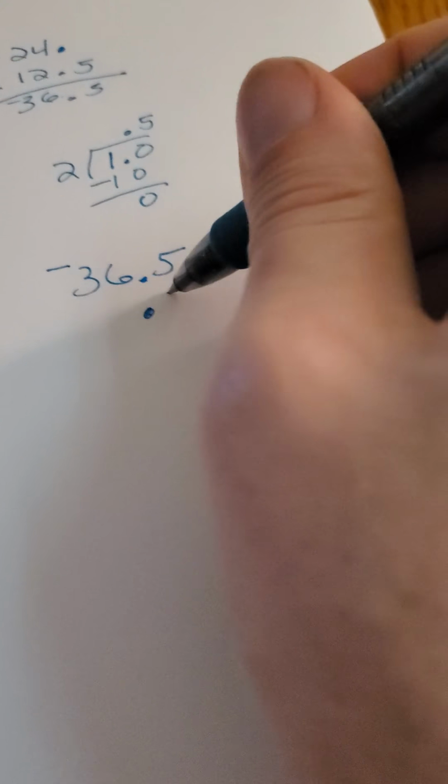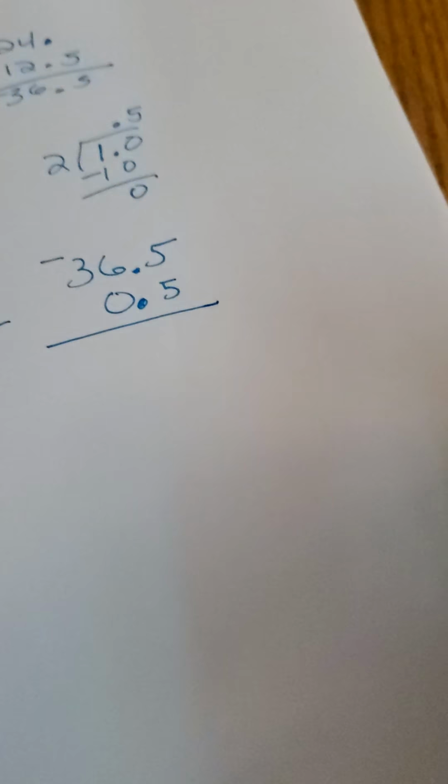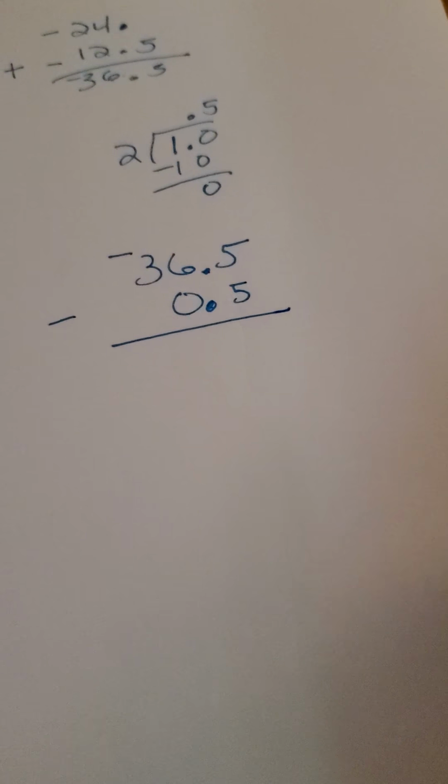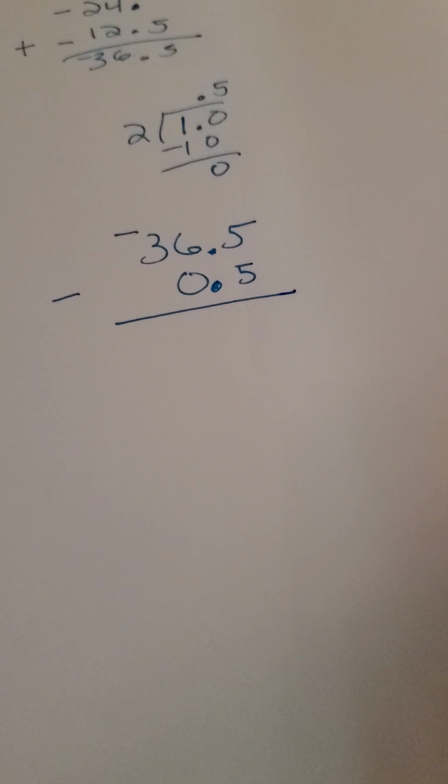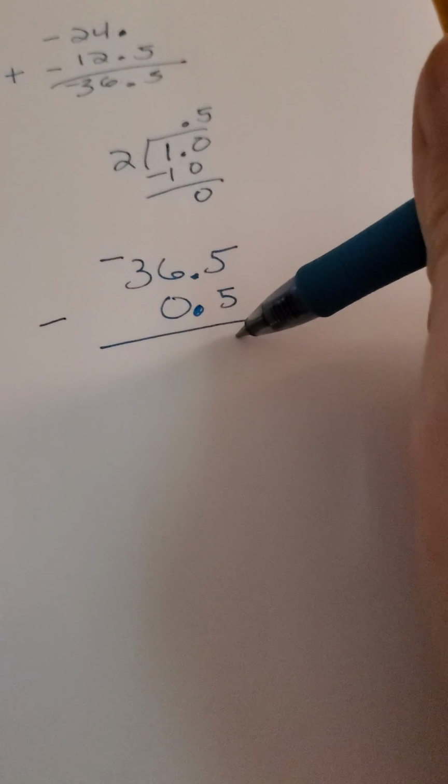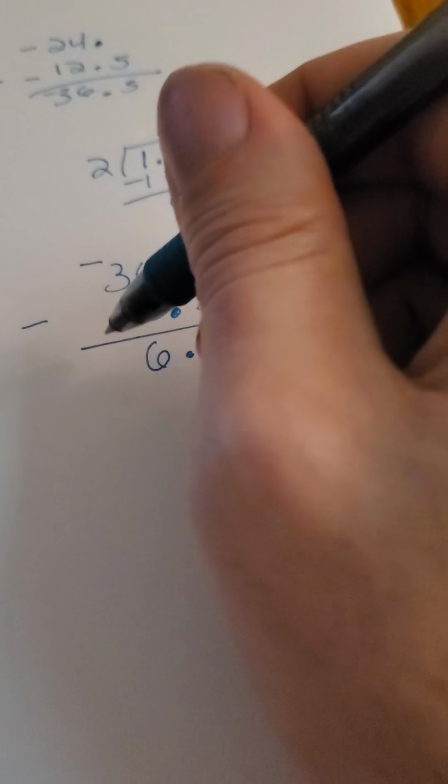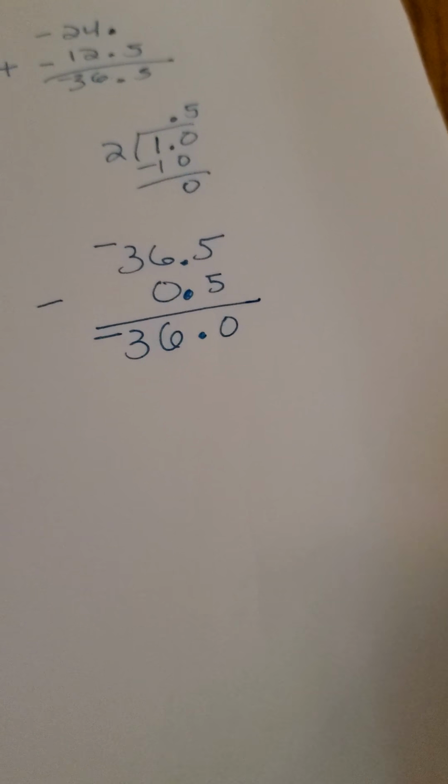So that goes at the top, and we make sure the decimals line up. That's the most important thing when we're doing this. The 0.5 is a positive number, it doesn't matter. The answer is going to be negative because the larger number is negative. 5 minus 5 is 0. We bring the decimal down. 6, 3. We get negative 36.